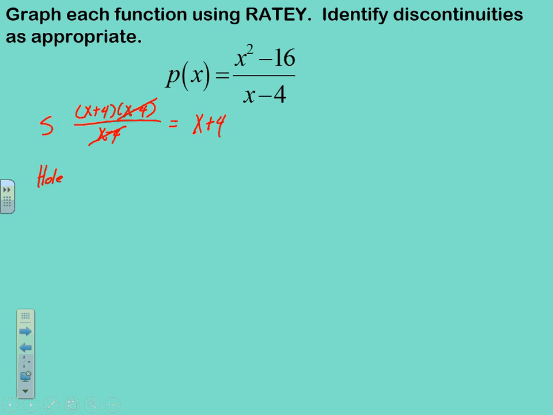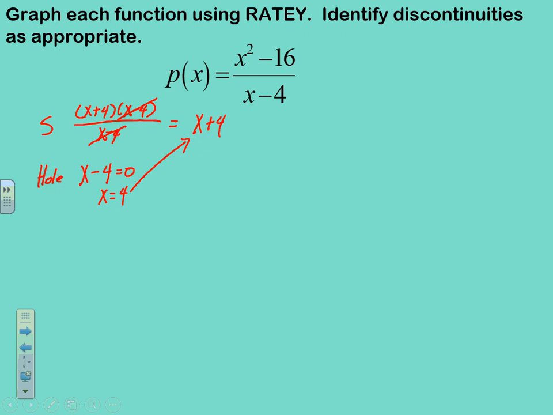So to identify where the hole is, I'm going to take the factor that is common to the numerator and the denominator, which is the x minus 4, and set it equal to 0. Solve for x. So the x coordinate of my hole is when x is equal to 4. To find the y coordinate of the hole, I'm going to take the 4 that I got and put it into the simplified rational function, which is just x plus 4.